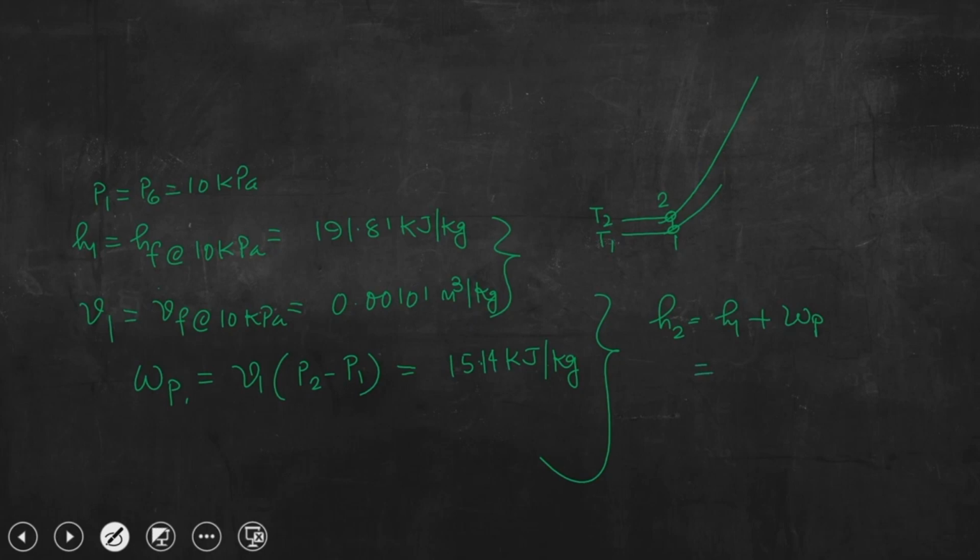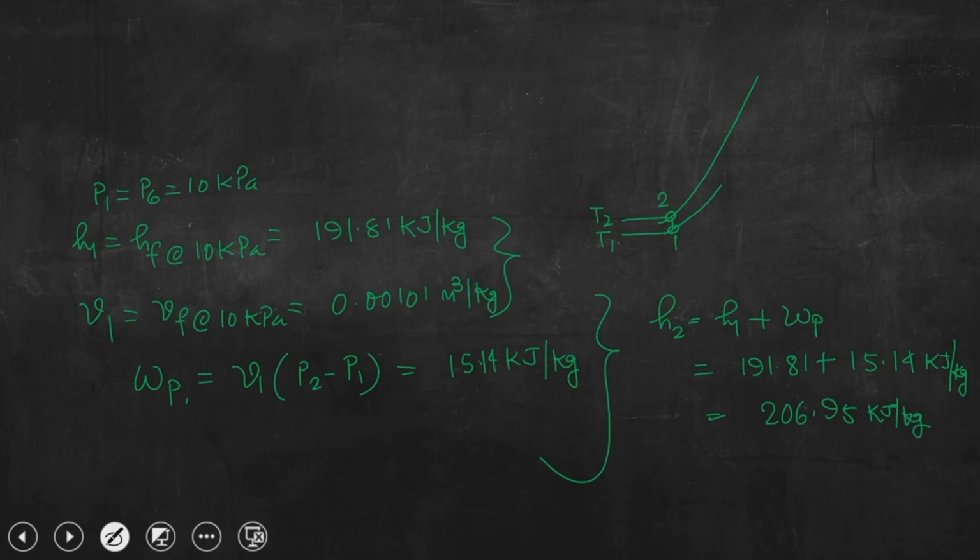That is, we will be getting 191.81 plus 15.14 kilojoule per kg. So, this is 206.95 kilojoule per kg.